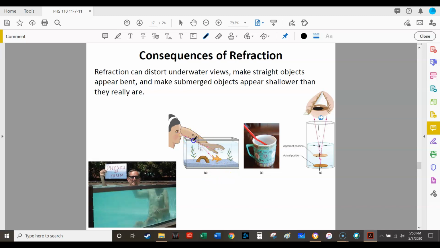It's because our brains are perceiving along a straight line, but what's actually happening is the light rays are coming out away from the goldfish and then bending away from that normal into our eyes, but our eyes see it coming in along a straight line. So it could have some really crazy consequences. For example, this fellow's actual body is here, but the light ray is coming out from his body and then bending away from the normal.